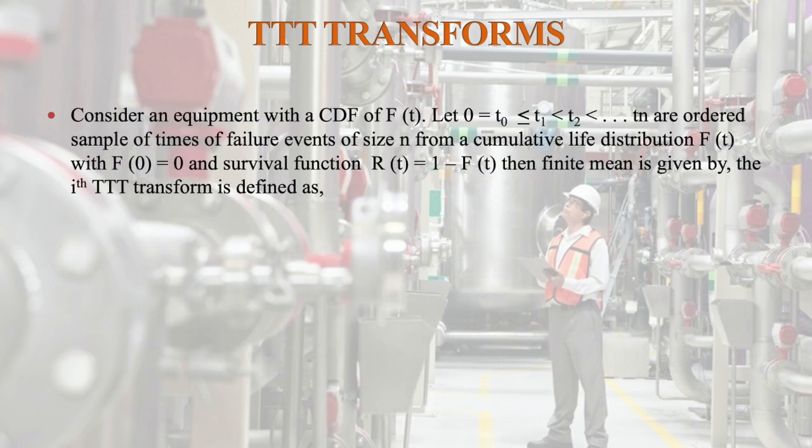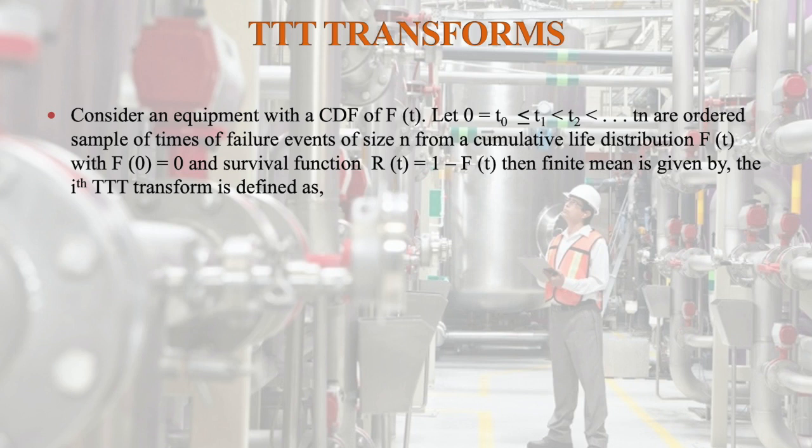Consider an equipment with a CDF of F(t). Let 0 = T0 ≤ T1 ≤ T2 ≤ ... ≤ Tn be ordered samples of times of failure events of size n from a cumulative life distribution F(t) with F(0) = 0 and survival function R(t) = 1 - F(t).